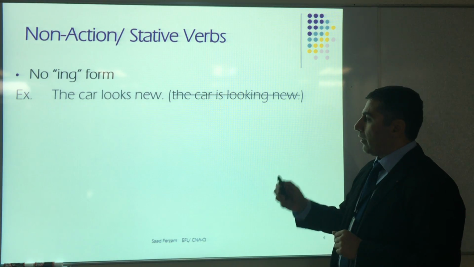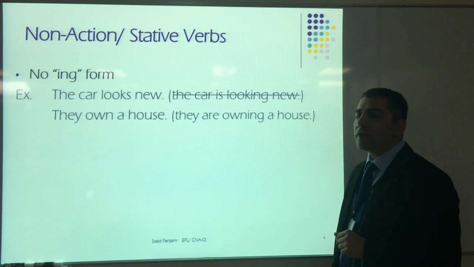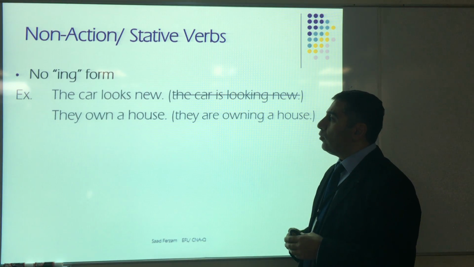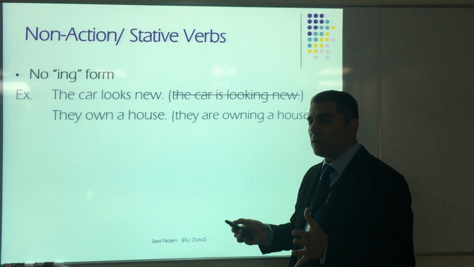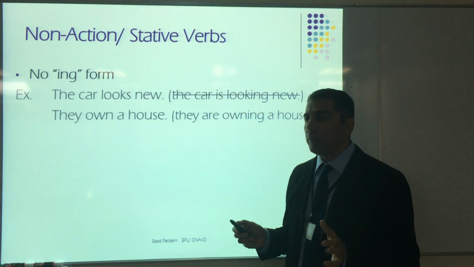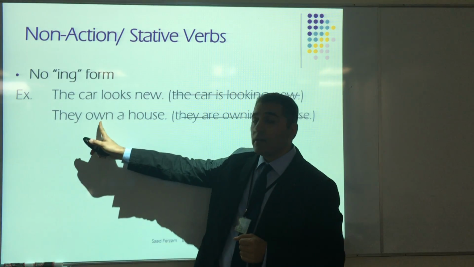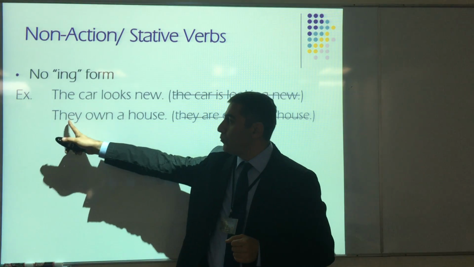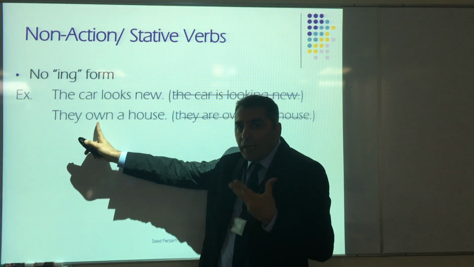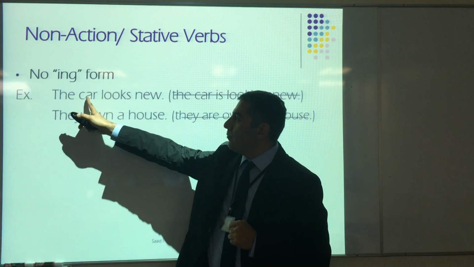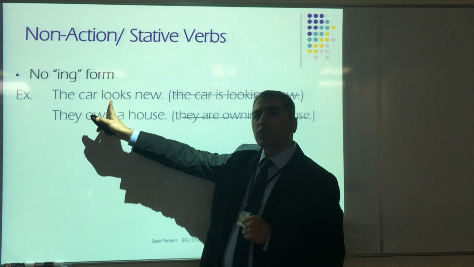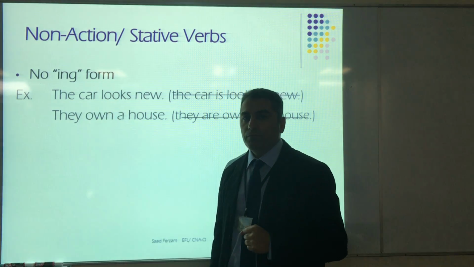That's incorrect. Another example: they own a house. Even if I'm talking about right now or at the moment, I can't use the ing form with the verb own because it's a non-action verb, because this subject, they, is not doing anything really. Or the subject car is not doing this verb. The car is not looking.